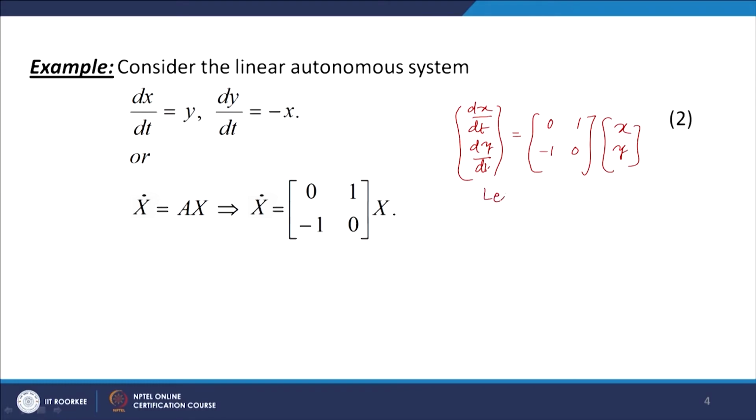So, let us take vector x to have components x and y, then we can write it as x dot = Ax, where A is the 2 by 2 matrix [0, 1; -1, 0]. So, the linear autonomous system can be expressed in this form.